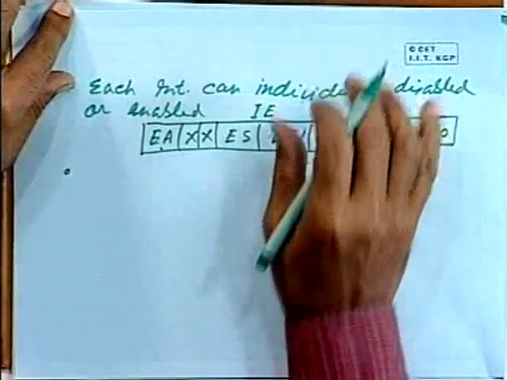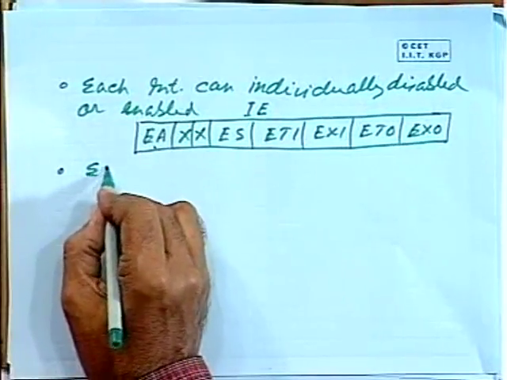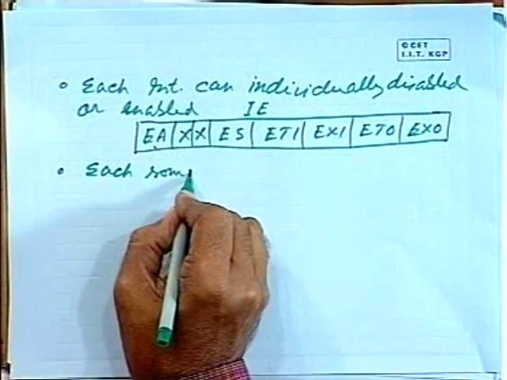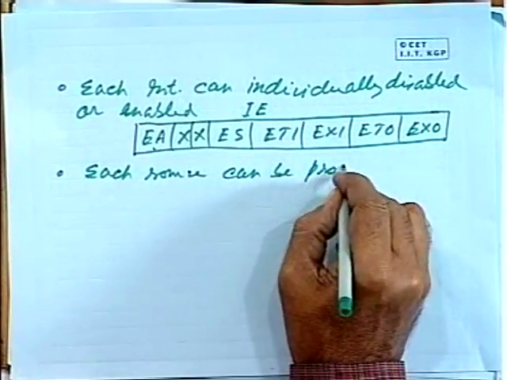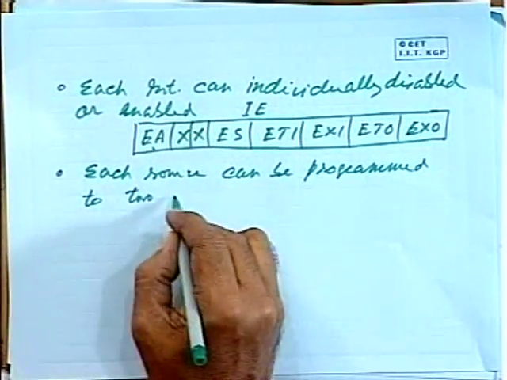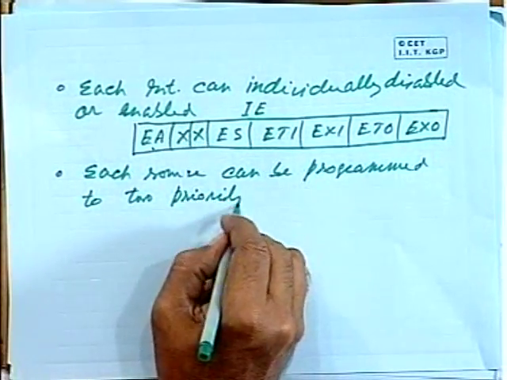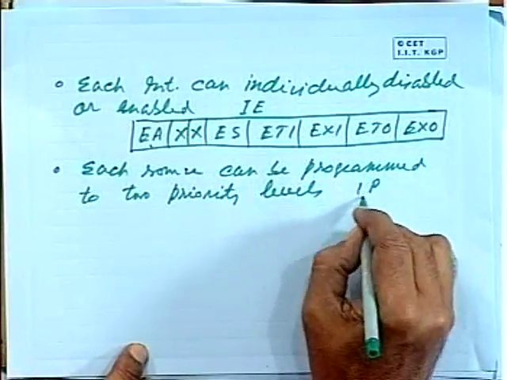Then apart from this, each of these interrupts can be provided with 2 priorities. That means each source can be programmed to 2 priority levels, 1 and 0, and that can be done with the help of the IP register, the interrupt priority register.